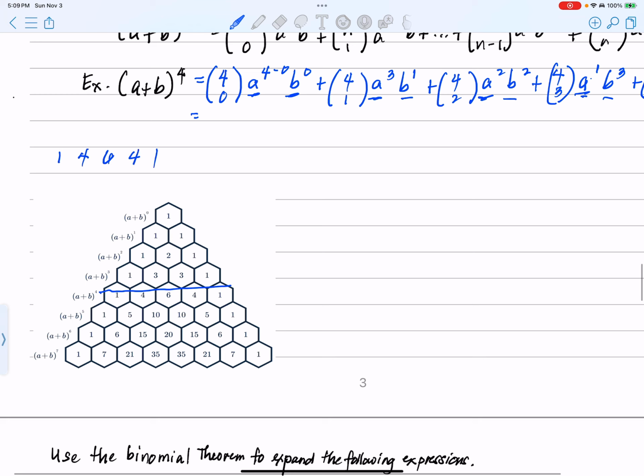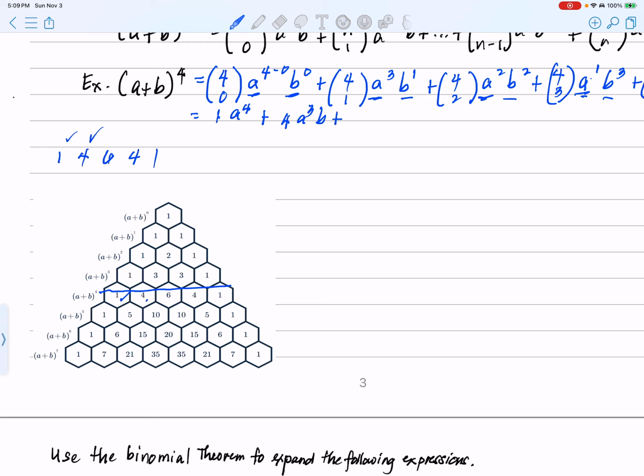So 4 choose 0 is 1, times a to the 4 minus 0, that's a to the 4th. b to the 0 is 1. So 4 choose 1 is equal to 4. That's my coefficient, a to the 3rd, b to the 1st power.